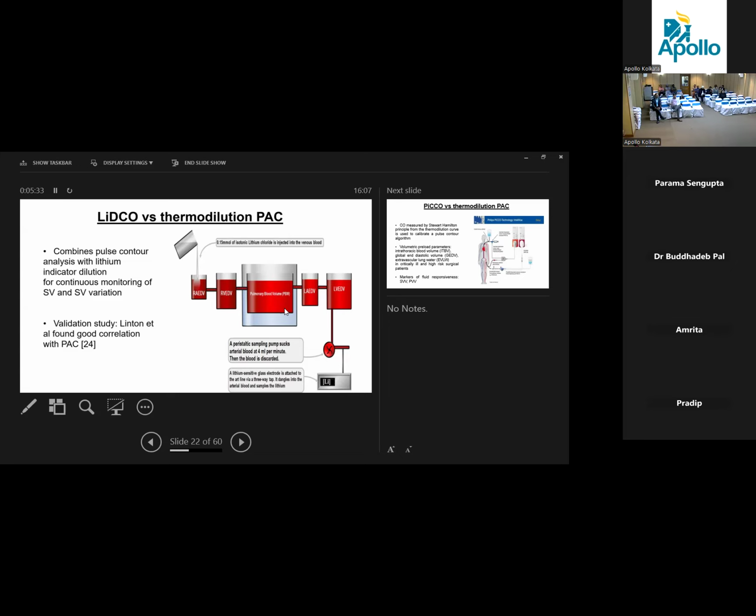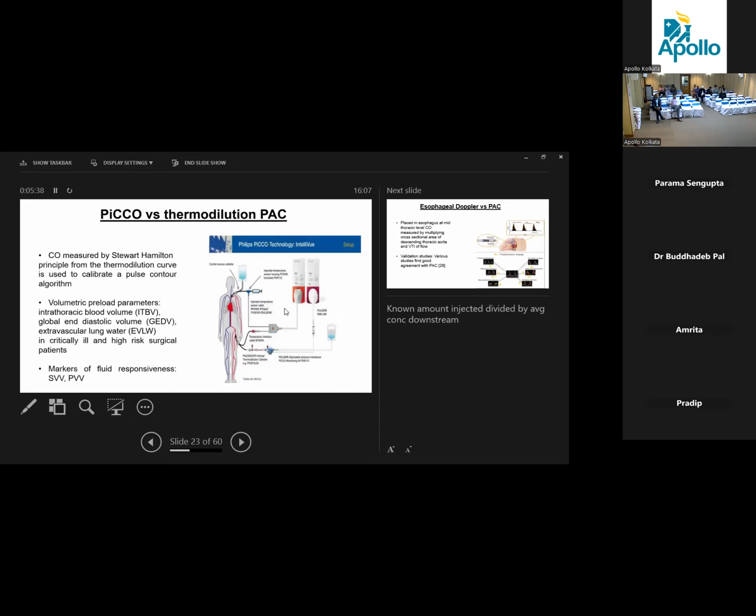There is a validation study which finds a good correlation with PAC. PiCCO, pulse contour continuous cardiac output monitoring, uses the Stewart-Hamilton principle, which says that if you inject a known amount of solution into blood, the concentration on the left side can be measured, and dividing those two terms will give us the cardiac output. So it gives us intrathoracic blood volume, global end diastolic volume, and extravascular lung water in critically ill patients as well as high-risk surgical patients.